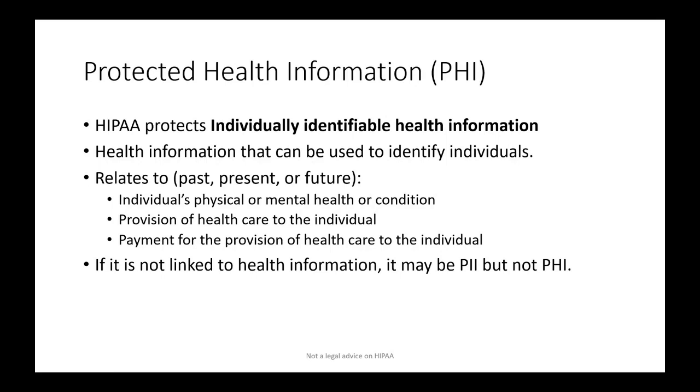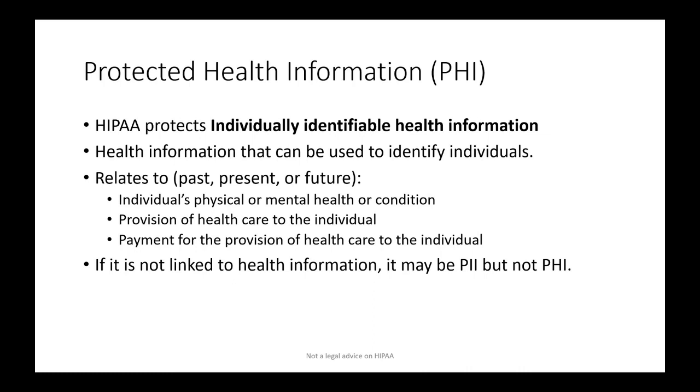And when we say healthcare information, it means physical health, mental health, or any kind of condition related to the health care of the individual, as well as the payment for the healthcare. So whether it's directly related to healthcare or related to the payment for that healthcare, that also falls under PHI.